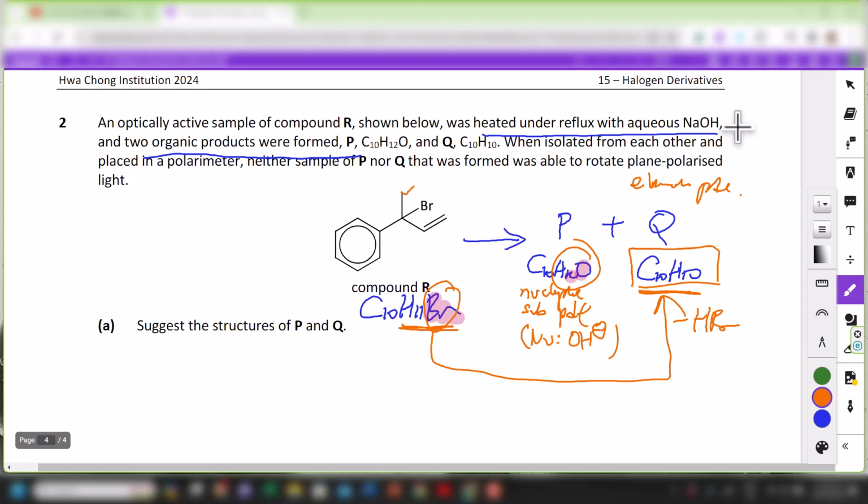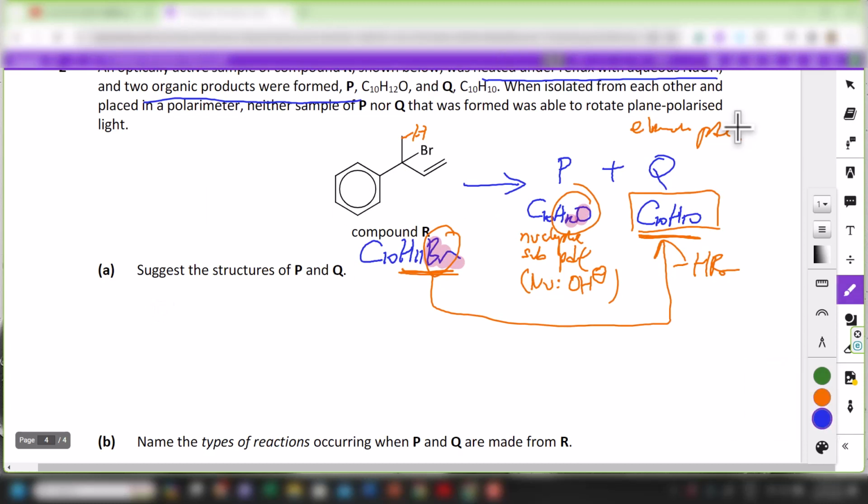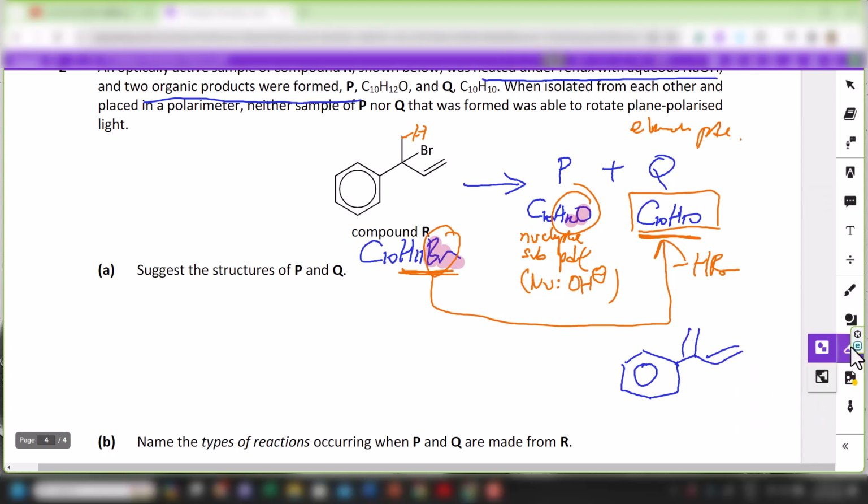The beta hydrogen is likely to be here, so I can easily get Q. Q will likely have a phenyl ring with an alkene here, as well as another alkene here. Maybe I didn't draw it very clearly, but it should look something like this. So it's an alkene conjugated with the phenyl ring. That should be Q.